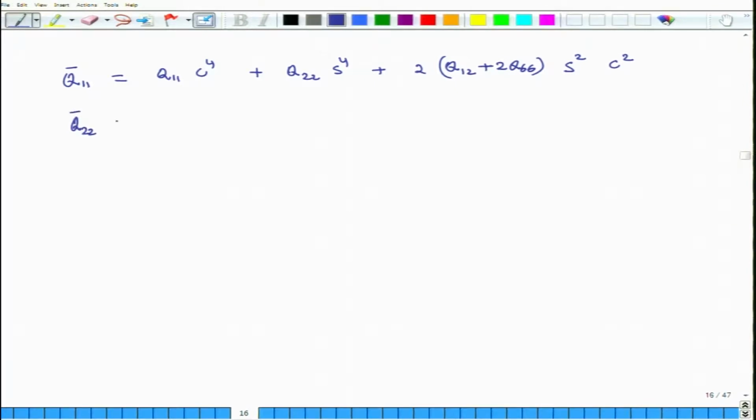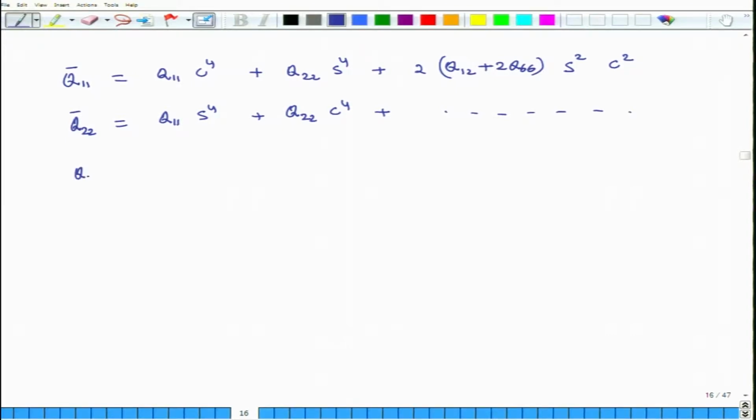Q22 bar is equal to Q11 sine 4 theta plus Q22 cosine 4 theta plus this term, which is the same.